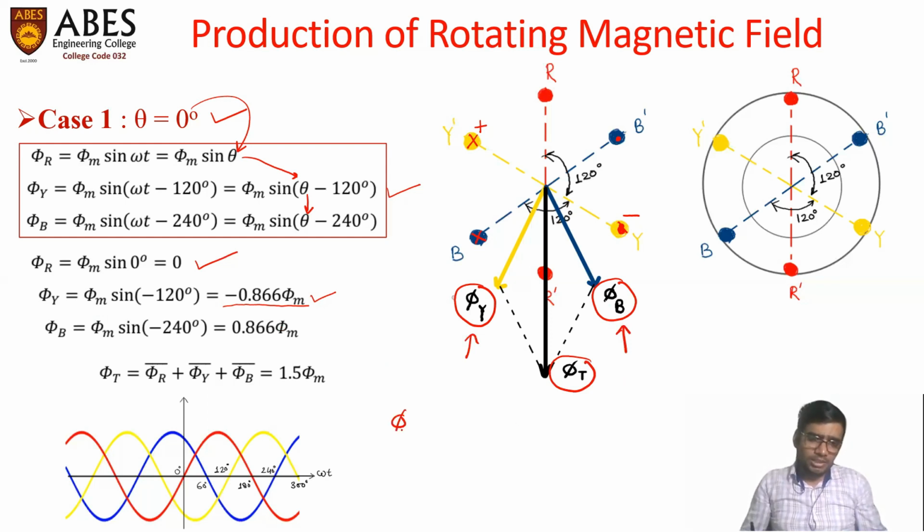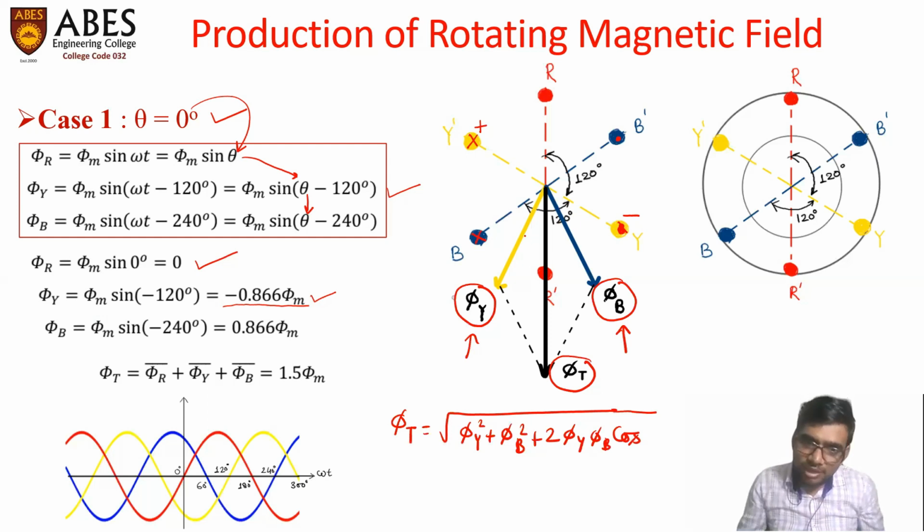The magnitude can be found simply by phi t equal to the square root of phi y squared plus phi b squared plus 2 phi y phi b cos theta, where theta is the angular difference, 60 degree in this case.